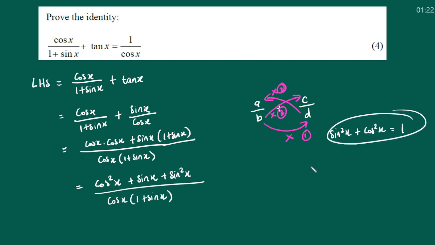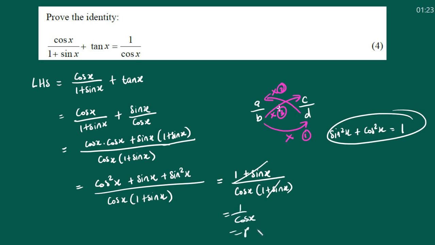This one we should always remember, another identity on top of the ones we talked about. So when I see cos squared x plus sine squared x, that gives us 1, and then you have plus sine x, all divided by cos x into 1 plus sine x. Then these two would cancel, and you're left with 1 over cos x.